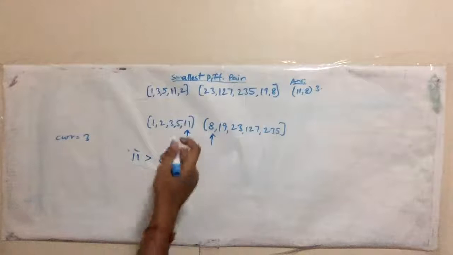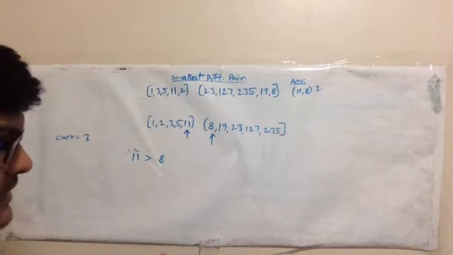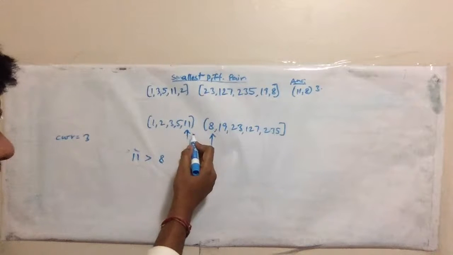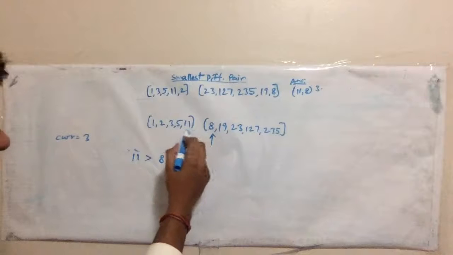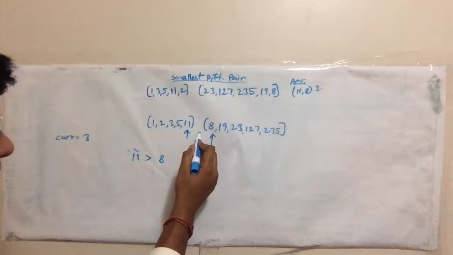So say for example, if there is any element next to 11 in the list, if you move to that, as this is a sorted list, the next element to the 11 would be definitely larger than the 11.